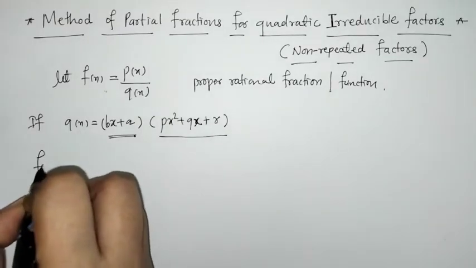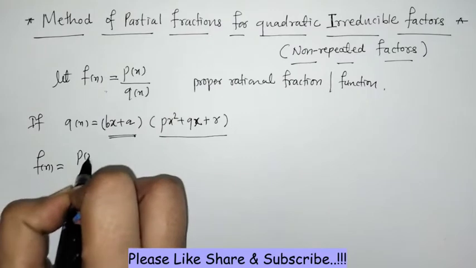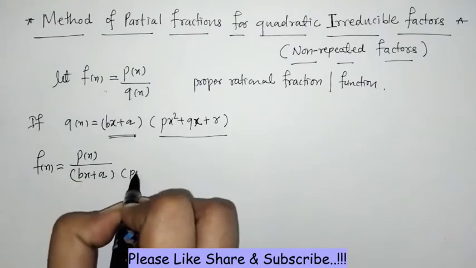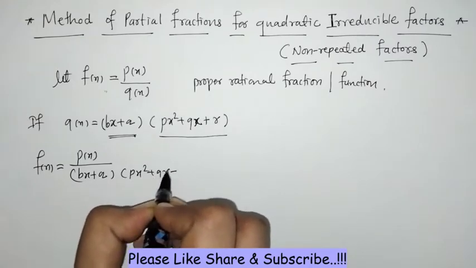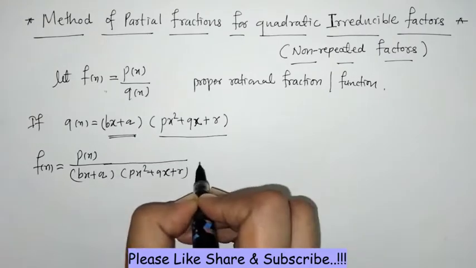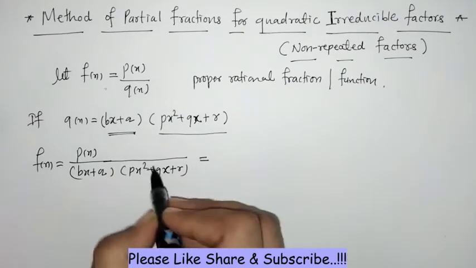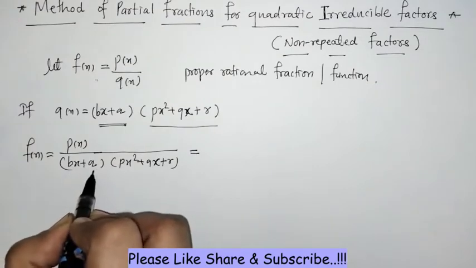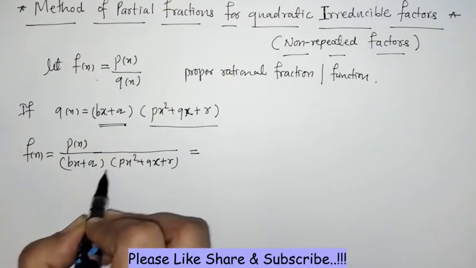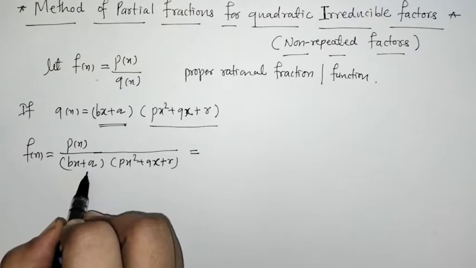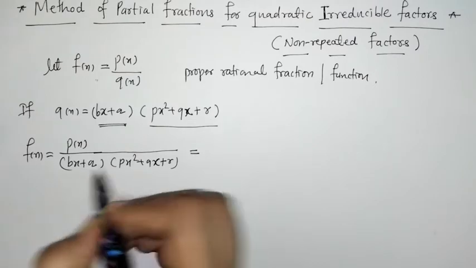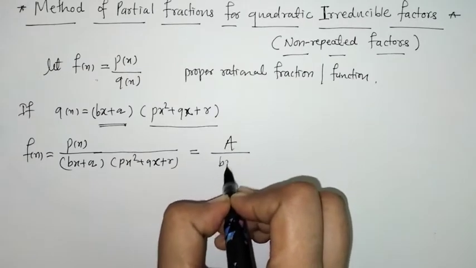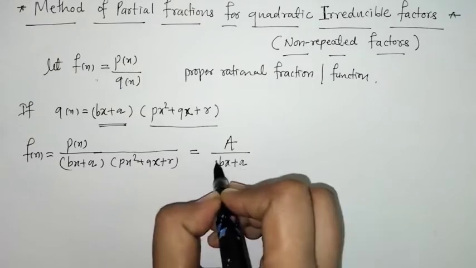Now this f of x can be written by putting the value of q of x here. So how to resolve this in partial fractions? This denominator q of x is of degree 3. Here we have a first linear factor, so for this linear factor we take one constant, a, and in the denominator we write bx plus a.